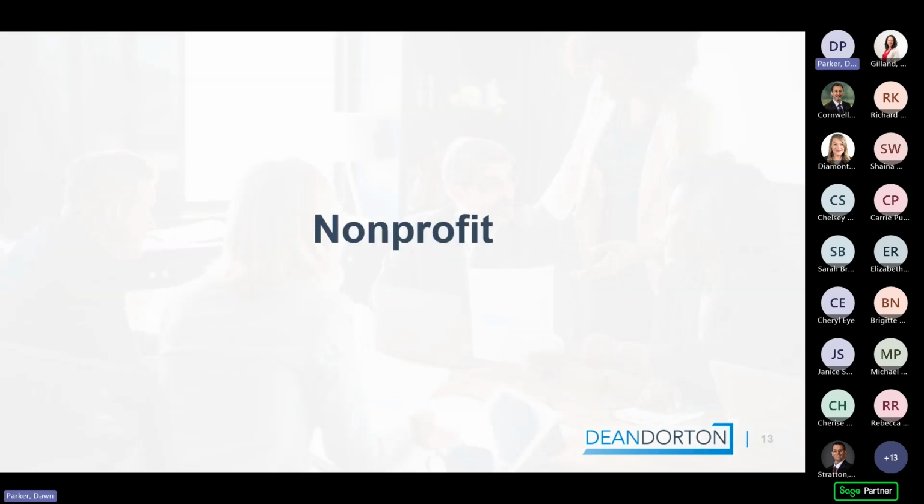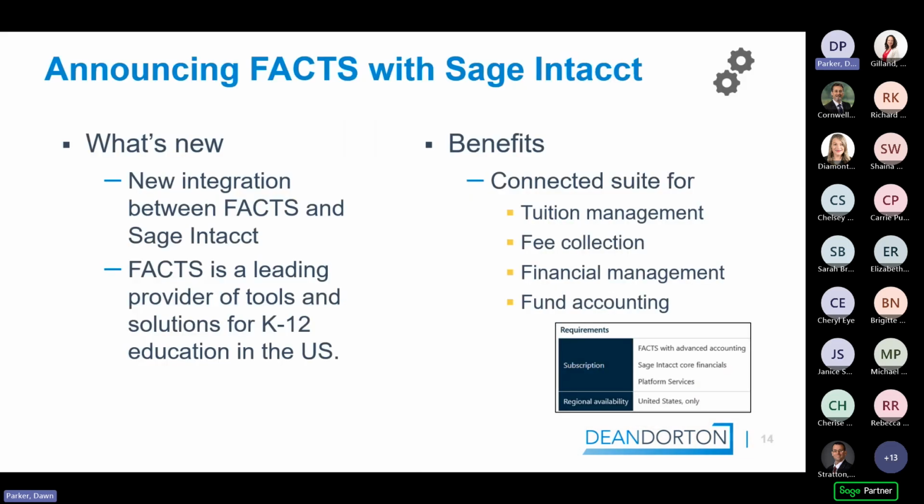For our nonprofit clients, if you are a nonprofit school, a K-12 private or charter school or faith-based school, you probably know what FACTS is. FACTS is a tuition management, fee collection, and financial management tool for schools. And so Sage now has an integration between FACTS and Sage Intacct.